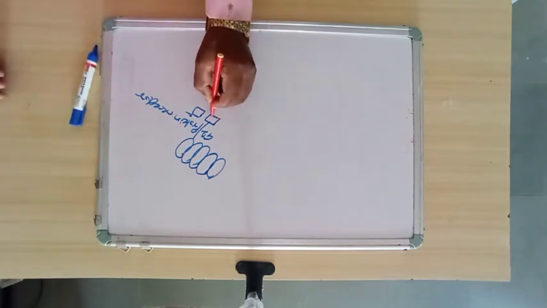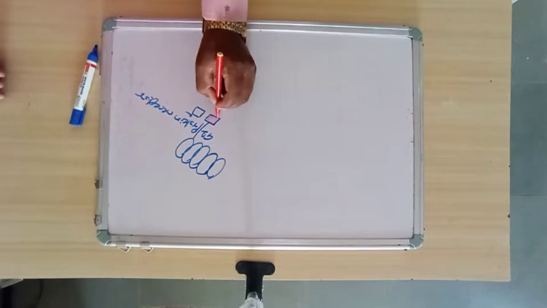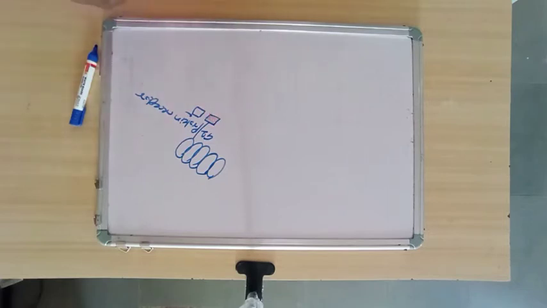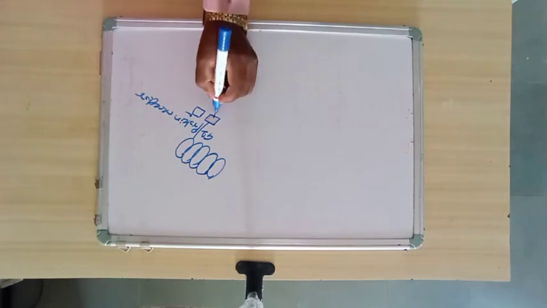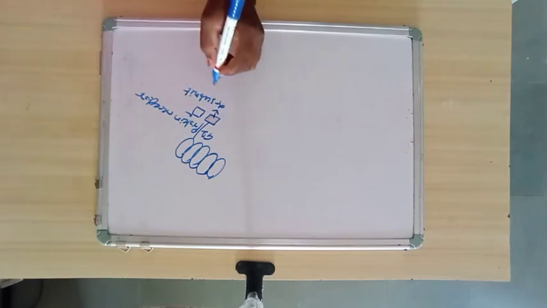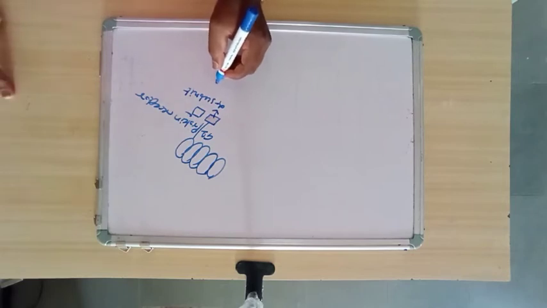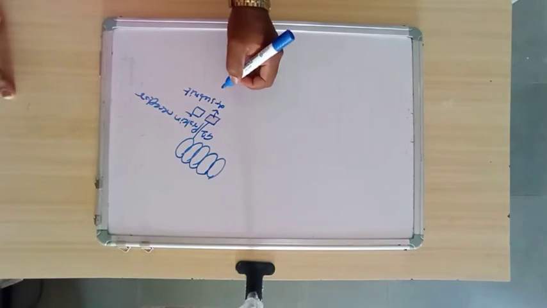This alpha subunit is shown by a red color. So total three subunits are there: alpha, beta, and gamma.